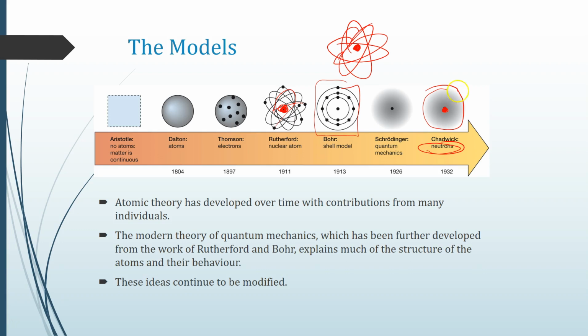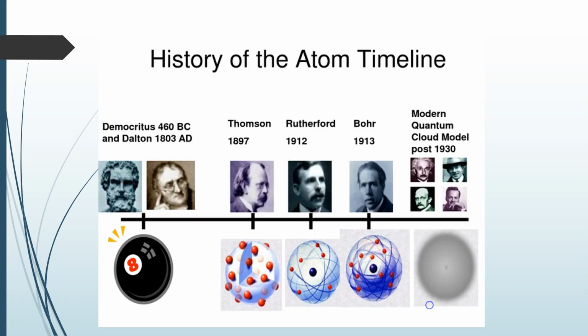But this is where we're at now, and our idea of the atomic model stays pretty fixed at this point so far. Physicists have come across subatomic particles, which have changed the nature of particle physics. However, it hasn't really changed the way we look at the model of the atom in terms of how it behaves in chemical reactions and things like that.